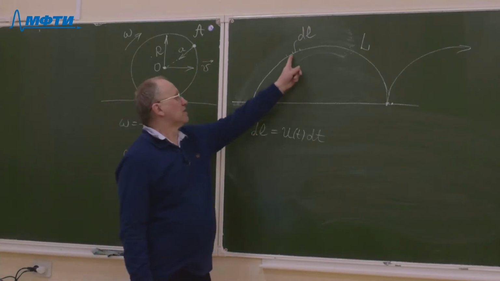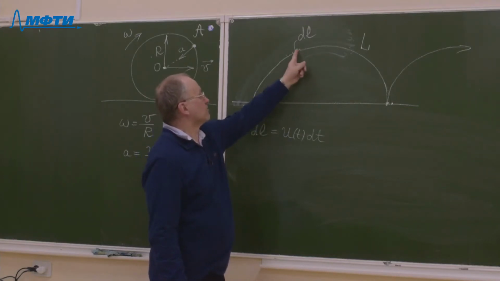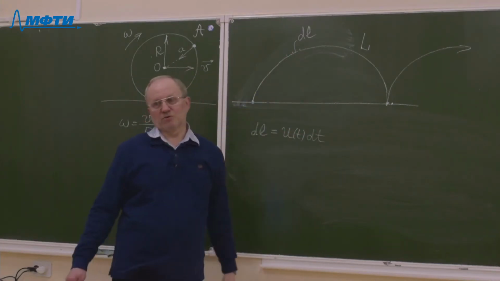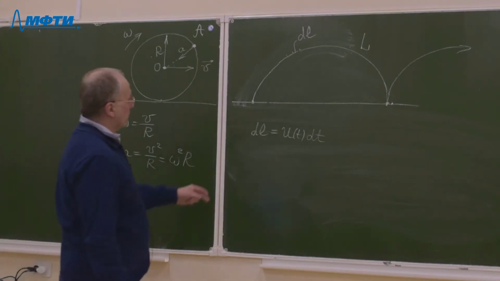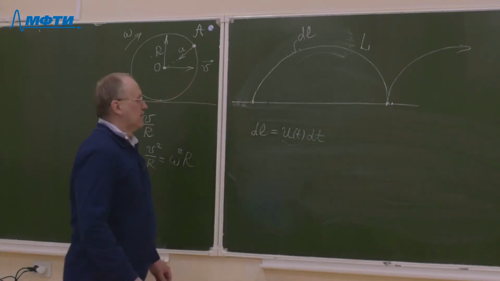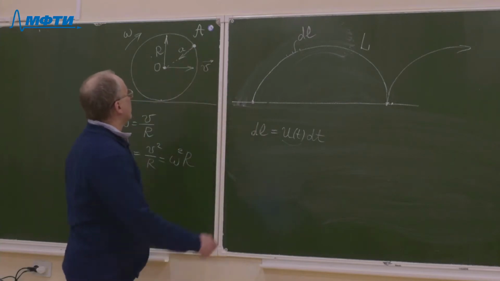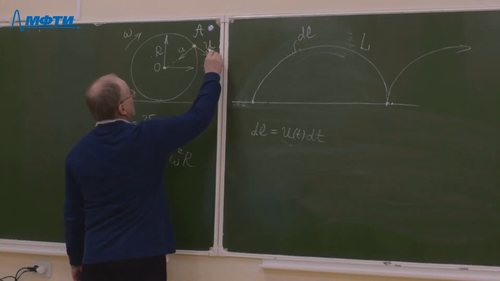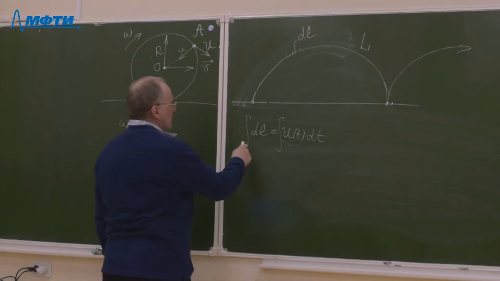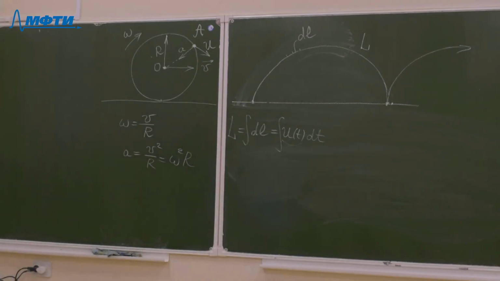So to shift from one point to some close point on the trajectory, it takes time interval dt for the point A. So it's obvious that if we know the velocity of point A, denoted u, then we could integrate this equation to obtain the total length of the curve. Such is the idea to solve this problem.